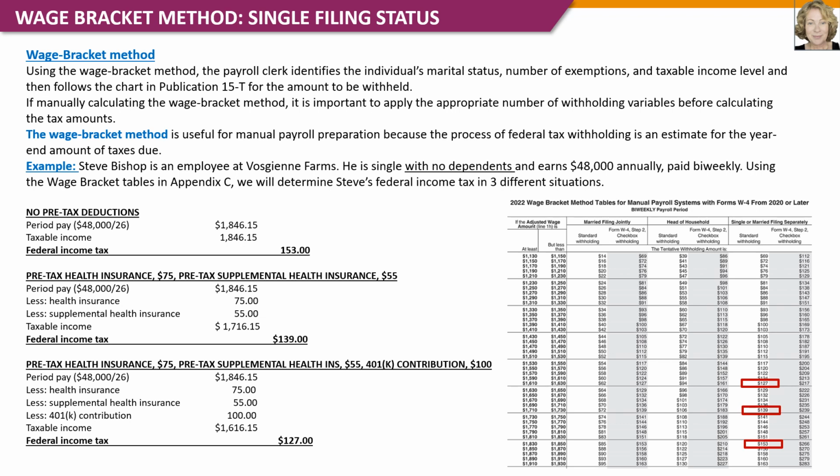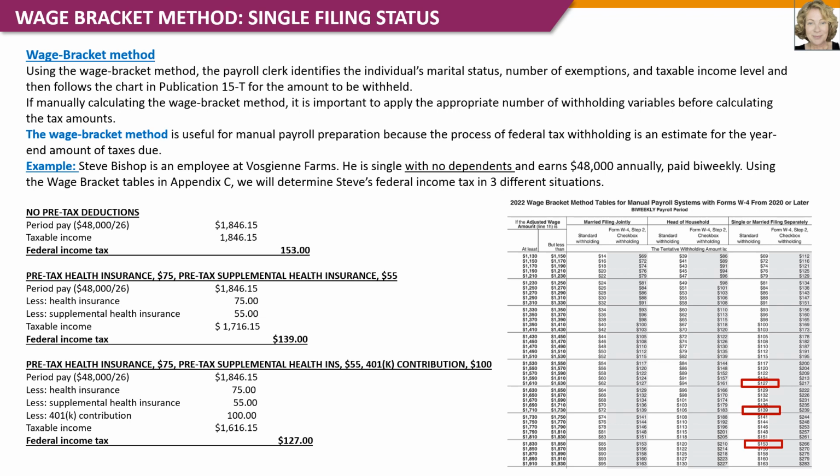First, we'll calculate the federal income tax withholding if Steve has no pre-tax deductions by taking his annual pay and dividing it by 26. We get the gross wages per period, which is $1,846.15. We then go to Appendix C of your textbook to find the biweekly payroll period for the wage bracket method.